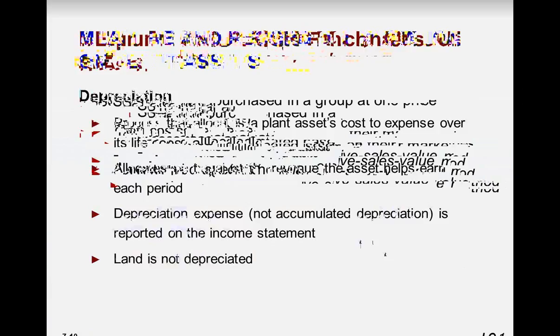And sometimes people think that depreciation means that we're setting cash aside to replace those assets, and that's not what we're doing at all. We have already put out the money to buy that asset, and now we are spreading that cost over the next several years until that asset is no longer useful to us.